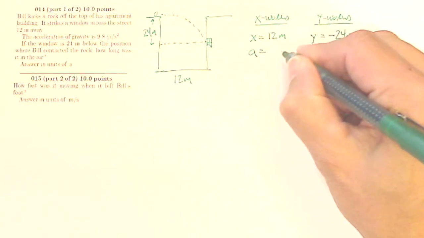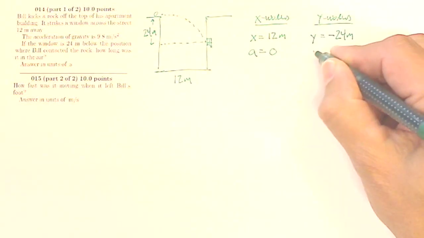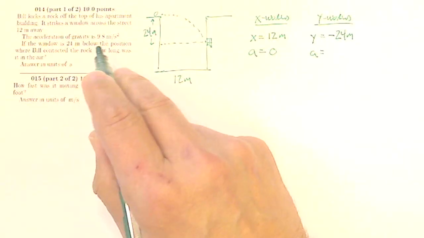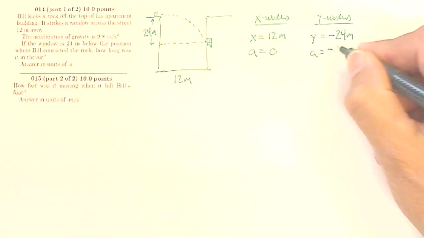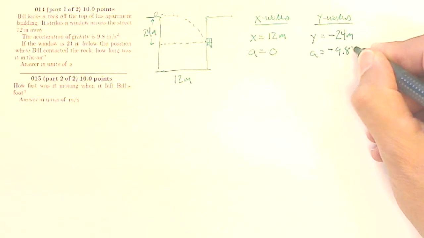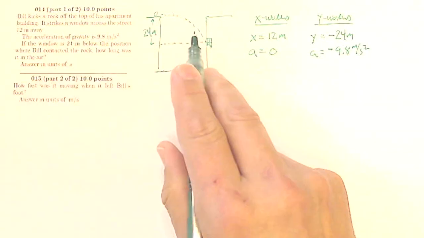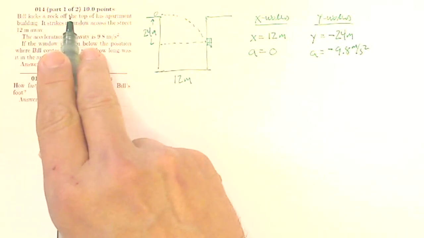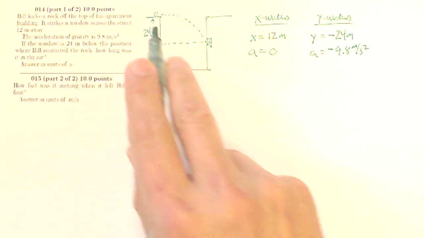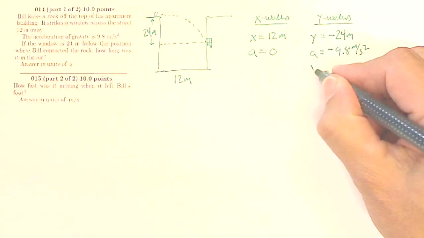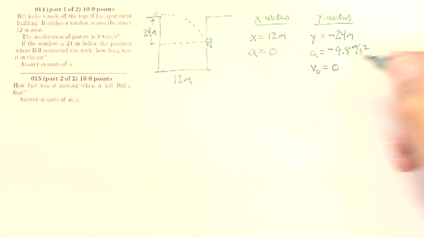My acceleration in the X world is 0. My acceleration in the Y world is gravity, 9.8 meters per second squared, and that's negative 9.8 meters per second squared. Now, since this is a horizontal projectile problem, I know that my initial Y velocity is going to be 0.